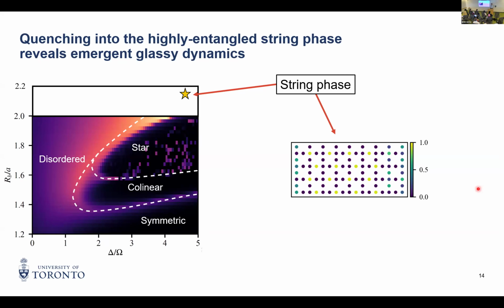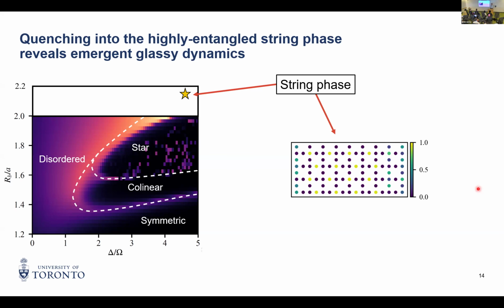We tried doing Kibble-Zurek, but we just couldn't see the universal scaling yet. The important difference here is that we basically have double the unit cell size that the previous experiments had with the square lattice. So it's harder to access critical dynamics or critical phenomena like that at the current system sizes that we can do on the device.